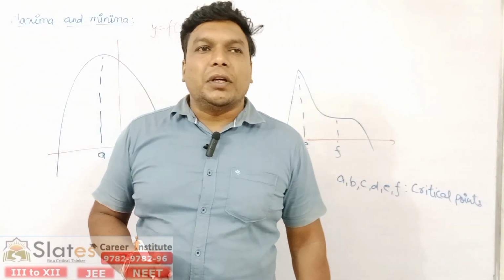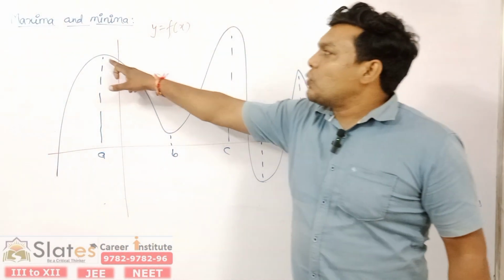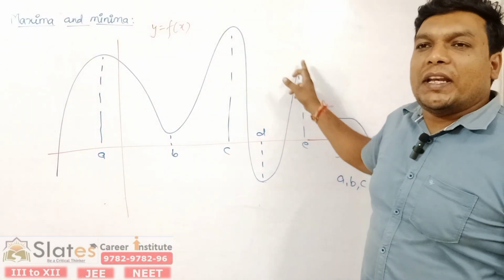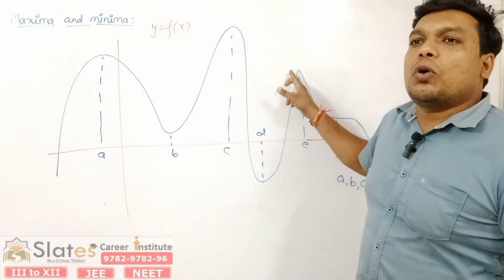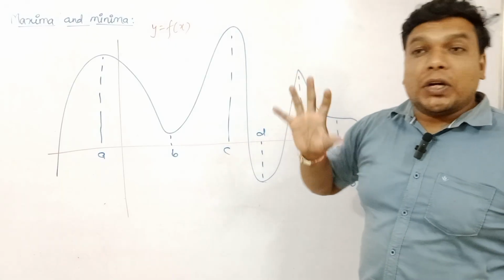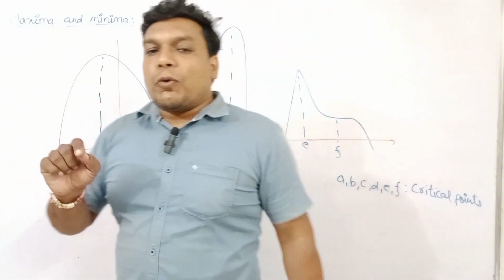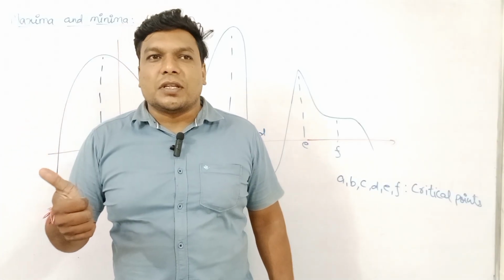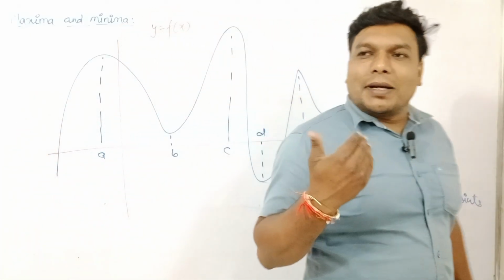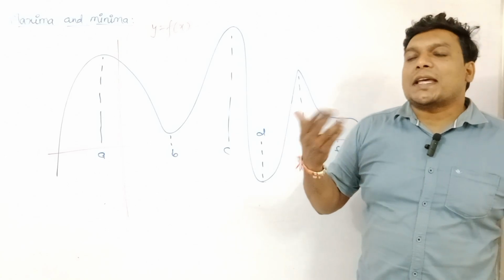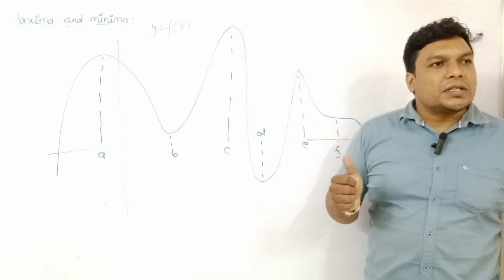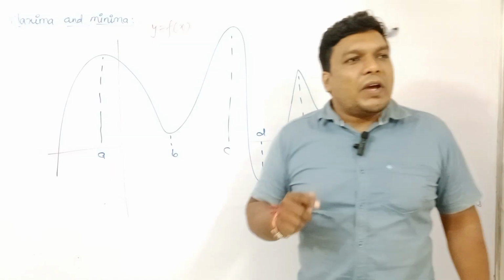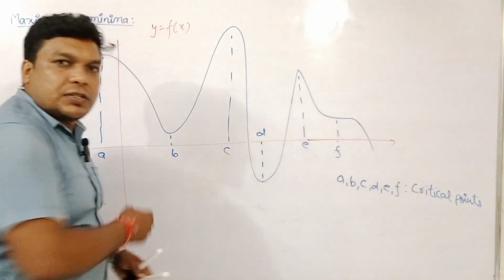What you can conclude from here is that the points at which f dash x equals 0 or f dash x vanishes, meaning f dash x does not exist, that is, the function is not differentiable, are called critical points.